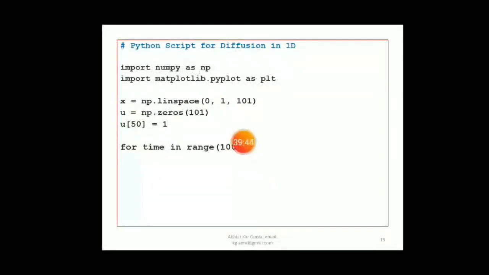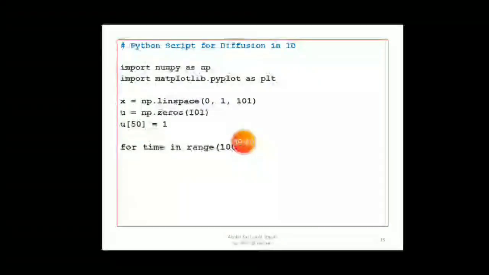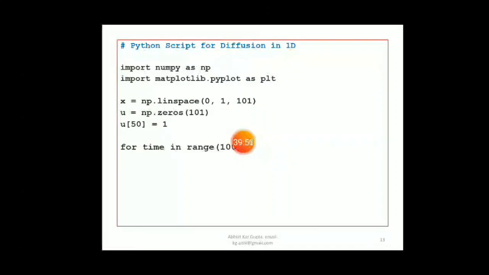Okay, so now you do this for time in range, say 100. So you do this numerical evaluation for 100 time steps. We have described u as a one dimensional array, but you can have two indices, x and t.